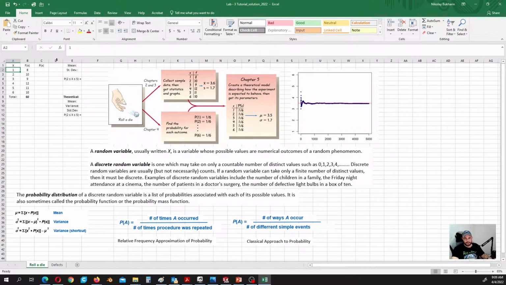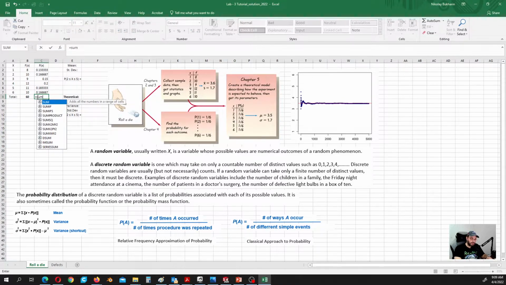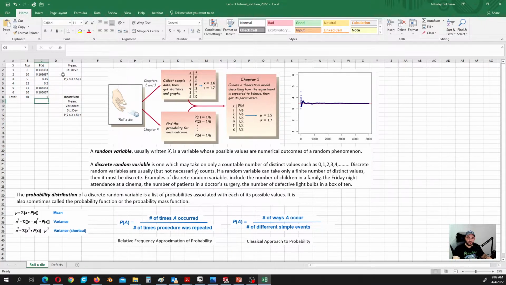Okay, so let's calculate probabilities in this case. This is equal to 8 divided by 60, and let's drop it down. If this is a probability distribution, all of this should sum to 1. Okay, it's 1.